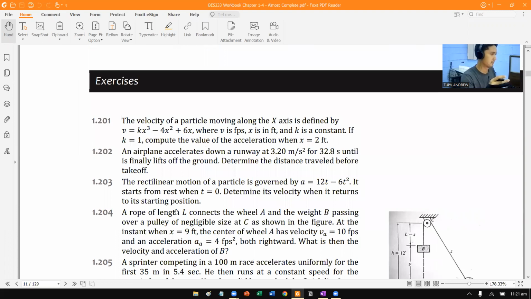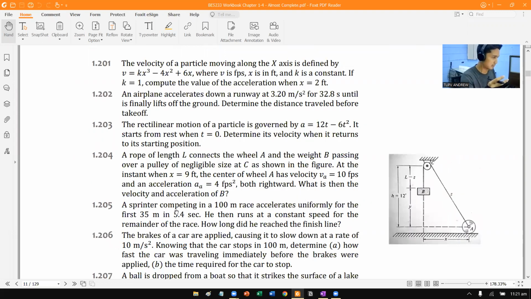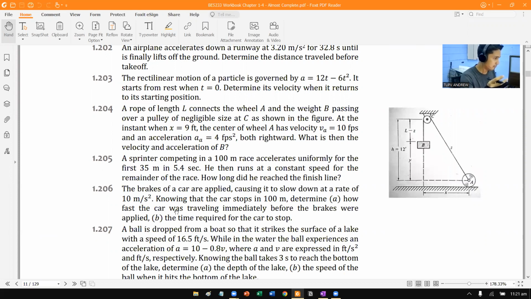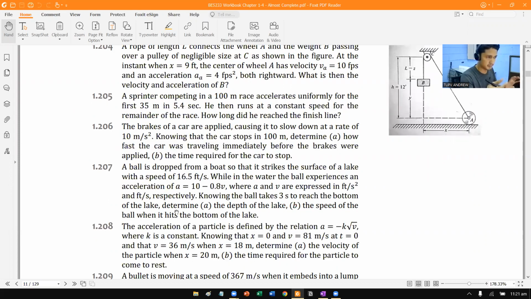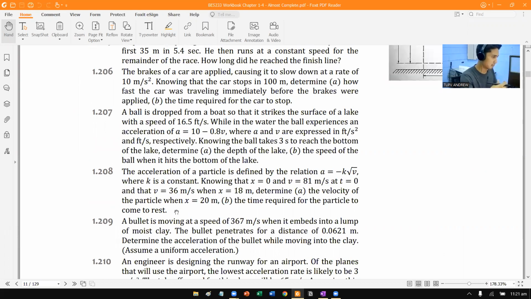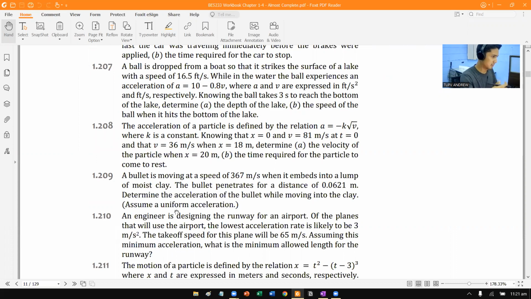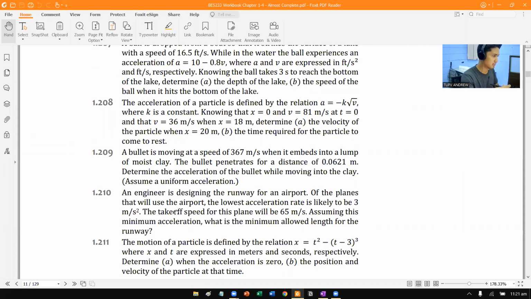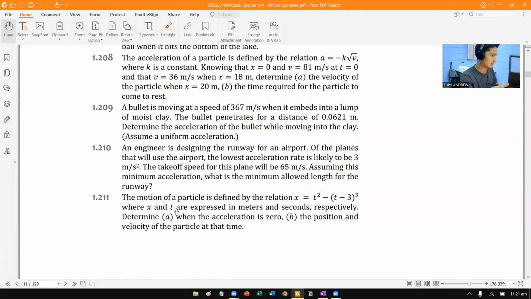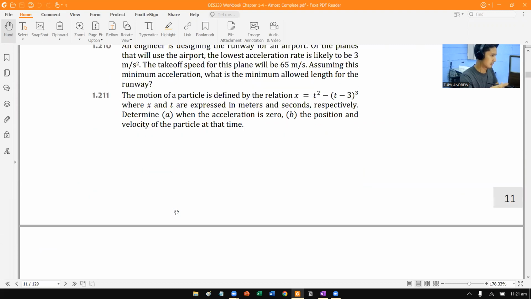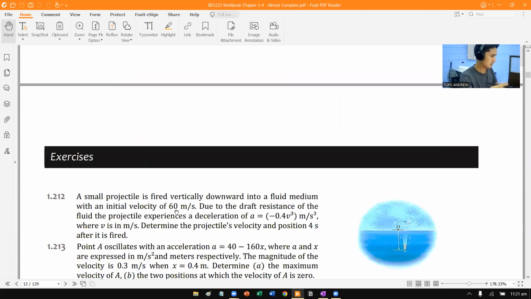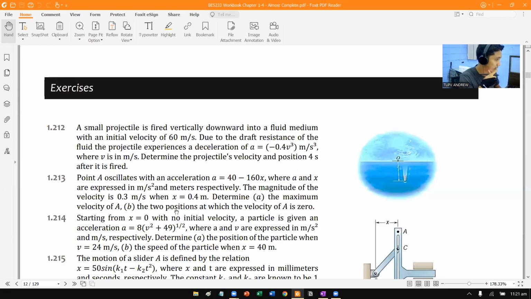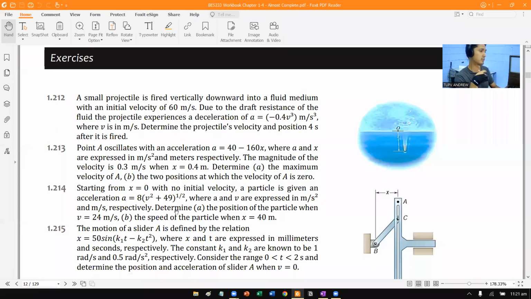I'll tell you, these are medium to hard problems in dynamics. But eventually, if you get the concept, it will be okay. There are easy ones too, like simple motion. Okay, the small projectile is fired vertically downward.